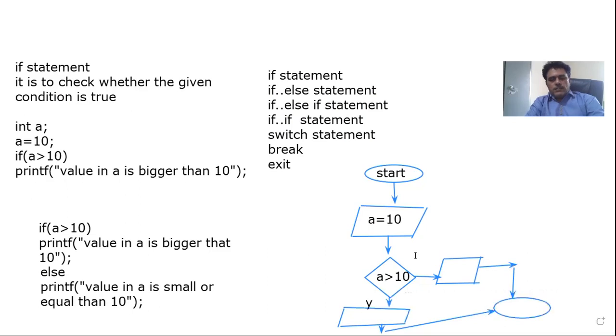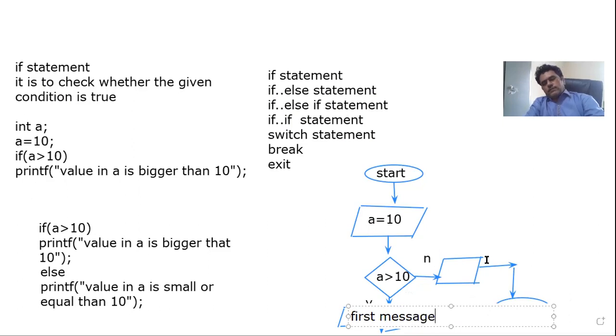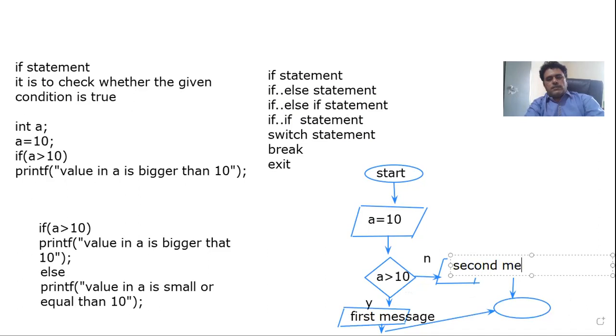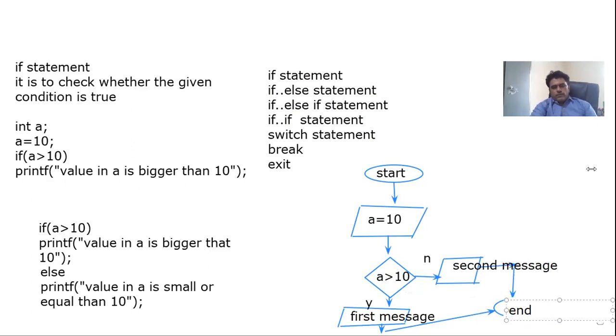Here the branch is N, that is no. If yes, it will go here, and what I have to display is the first message. Here I will get the second message. Finally, I will go to end or stop.